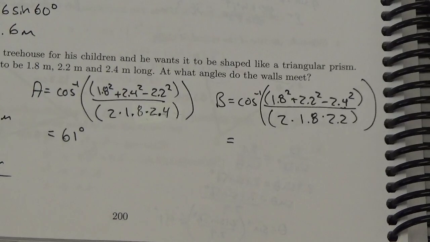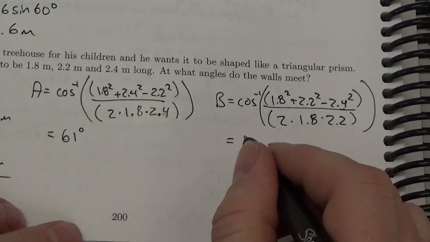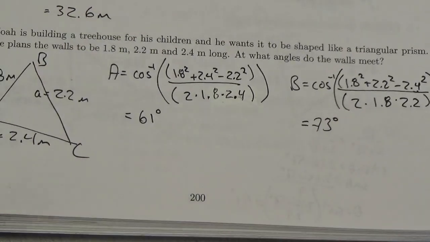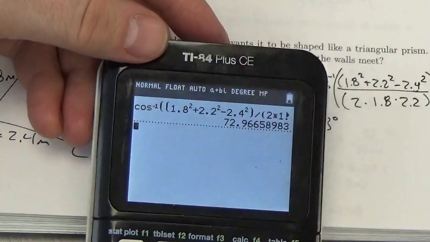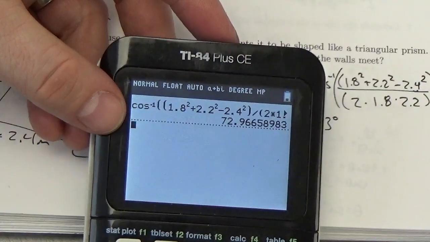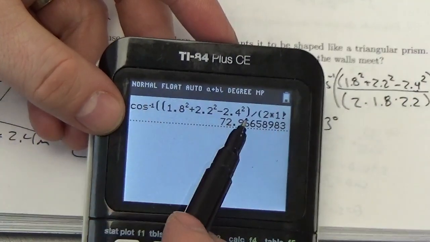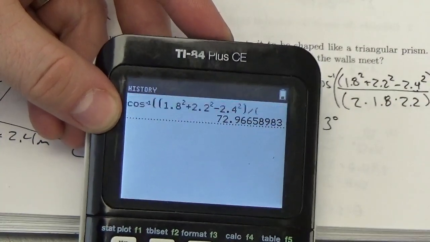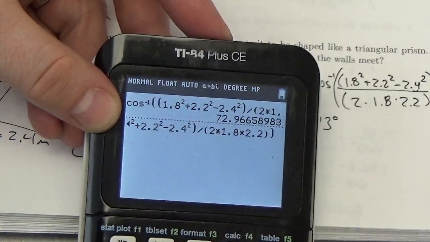Please remember to be careful with the parentheses. We've gone through lots of examples of that thus far. And here I get 73 degrees at the end here. So here's what I entered in the calculator for that if you need it. Notice the parentheses, and notice the parentheses at the end there too.